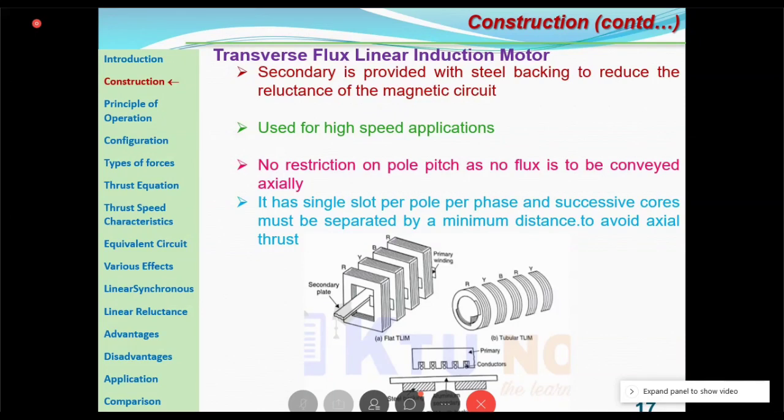And here in the transverse type, there is no restriction on the pole pitch, since you are not conveying any flux in the axial direction. It has a single slot per pole per phase. And the most important thing is the successive cores must be separated by a minimum distance to avoid the axial thrust. Then only you will get full utilization.